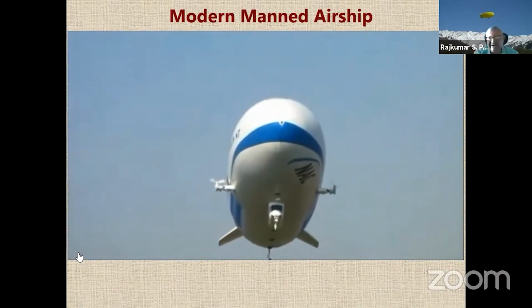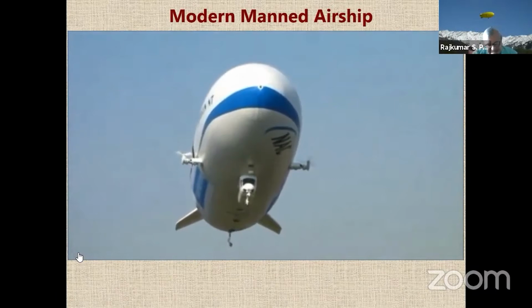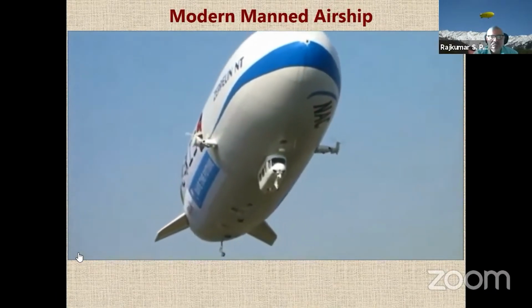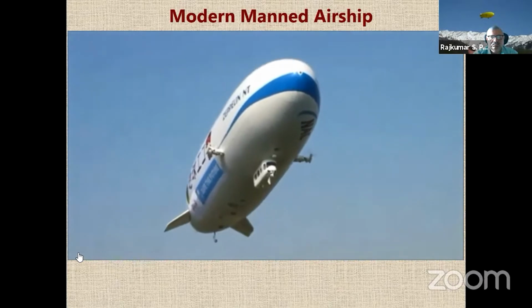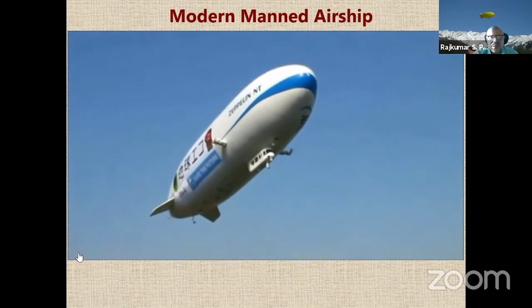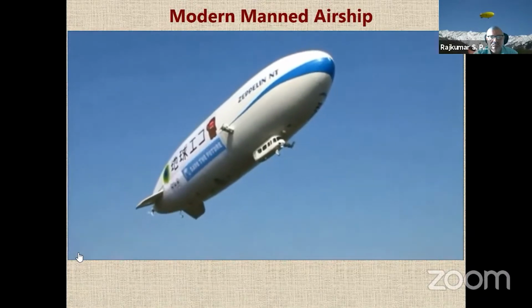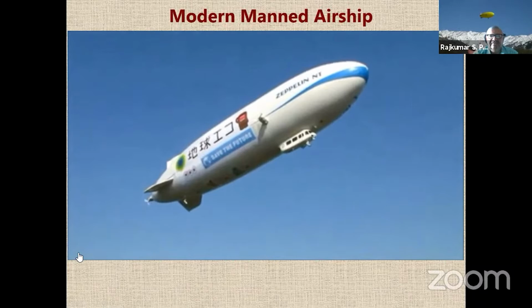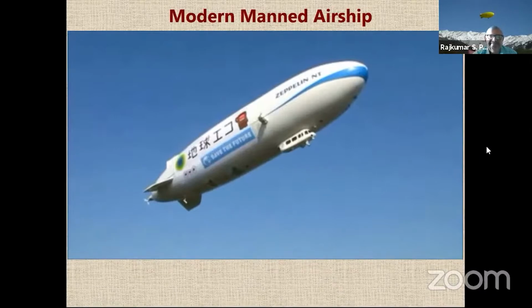It is a pure vertical takeoff and landing aircraft. Three engines, one on the back and 2 on the sides. This is the modern airship that is flying today.